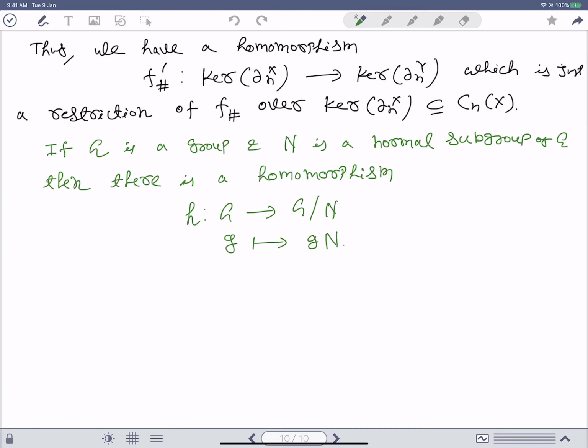Now you can easily check, by using that N is normal, that it is a homomorphism. This is a trivial result in algebra. Now I shall use that one.